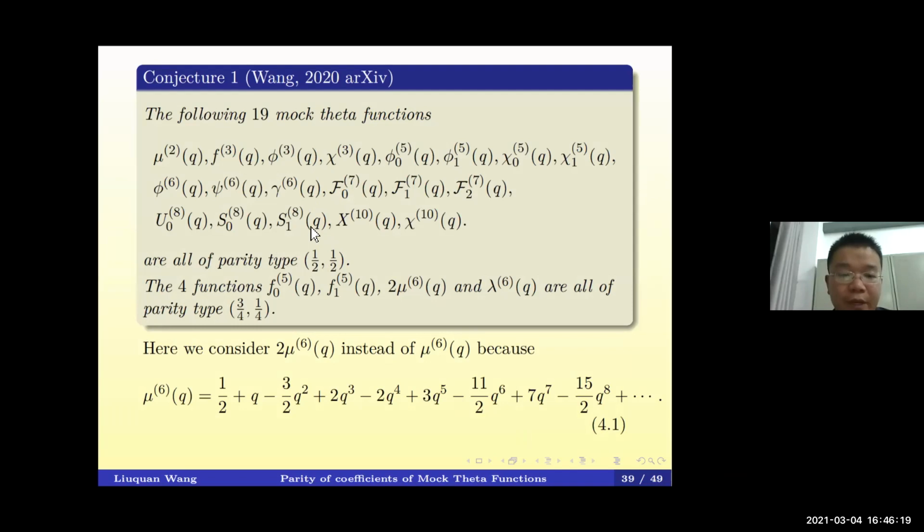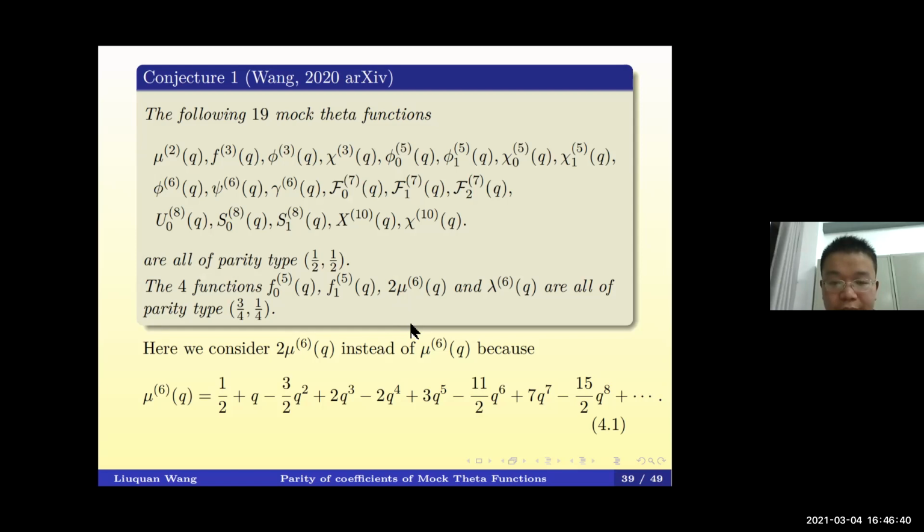And for the remaining 4 functions, f0, f1, 2 times mu of Q and lambda of Q, we conjecture that their parity type is 3/4 and 1/4. So why do we multiply by 2 for this function?